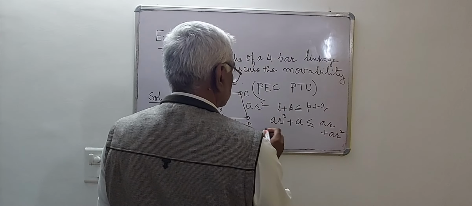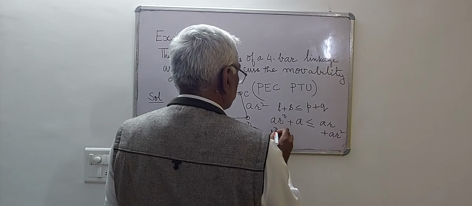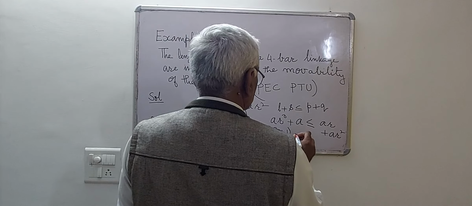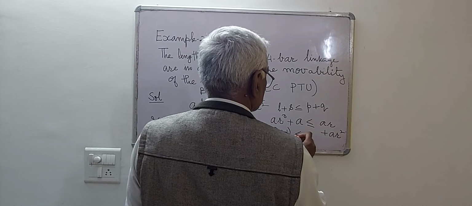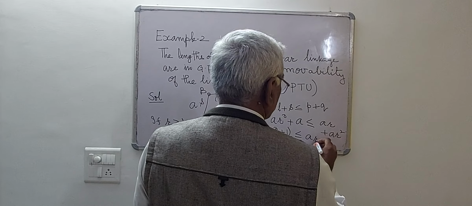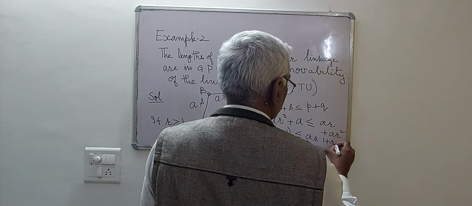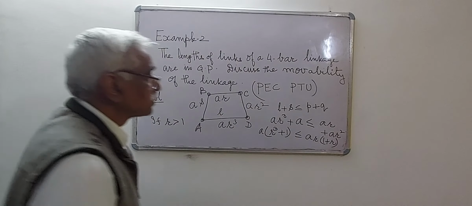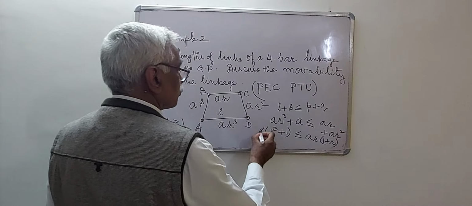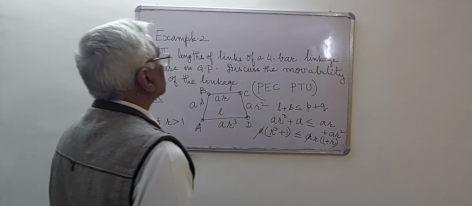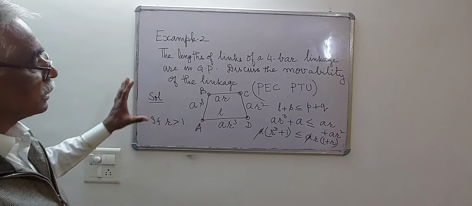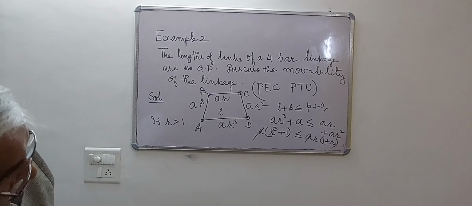So taking A outside, (R cube plus 1) into A is less than or equal to AR taken outside, AR into (1 plus R). A will be cancelled from both sides, and it can further be solved.